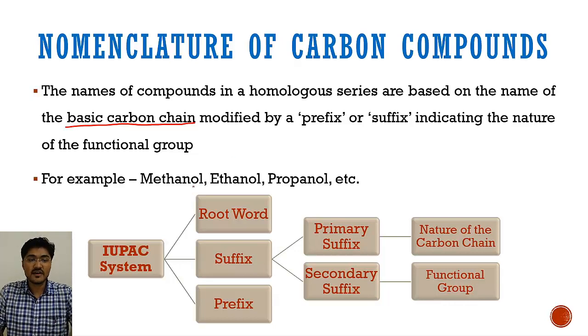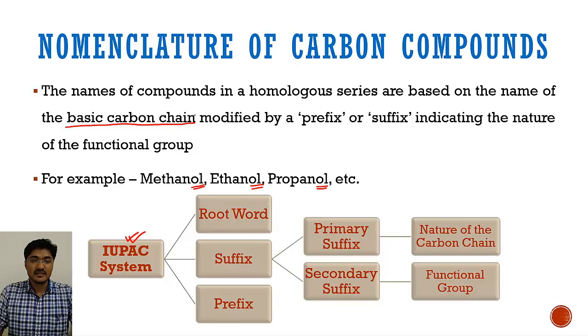Similarly, in alcohols we use ol as a suffix to an alkane, that is the base. With the help of the IUPAC system, we need to do the nomenclature, that is, the naming of carbon compounds. What is IUPAC, by the way? IUPAC is the International Union of Pure and Applied Chemistry.